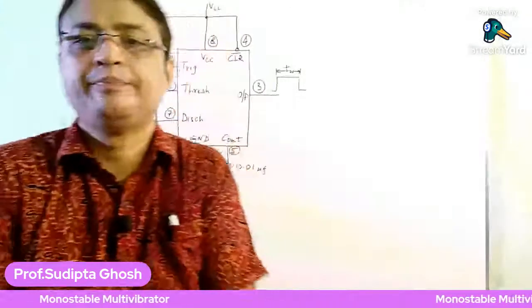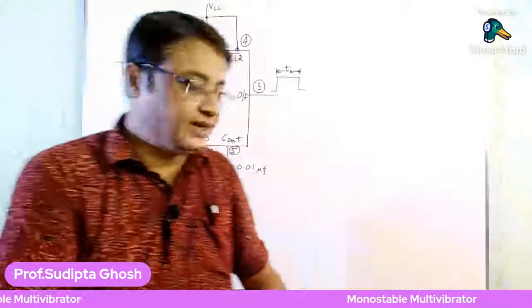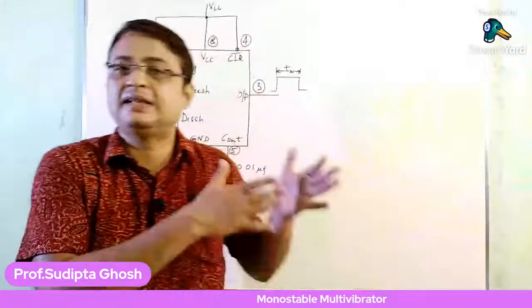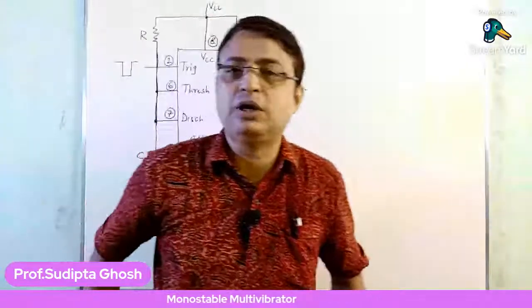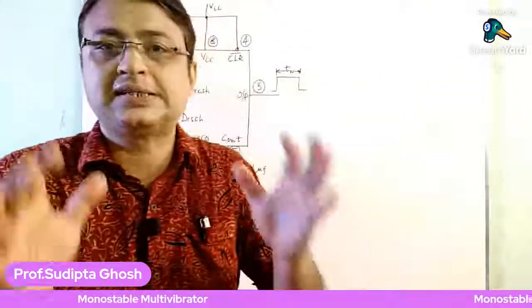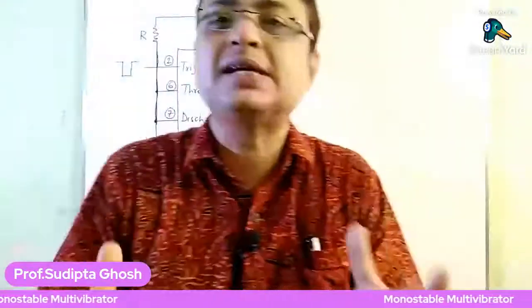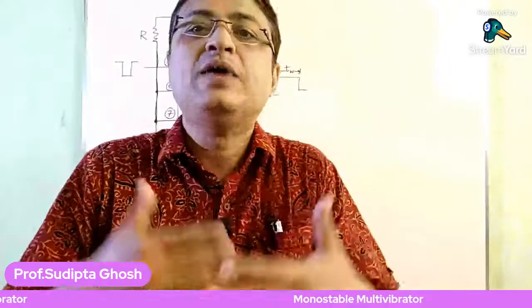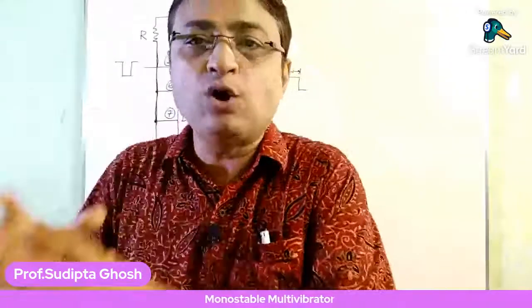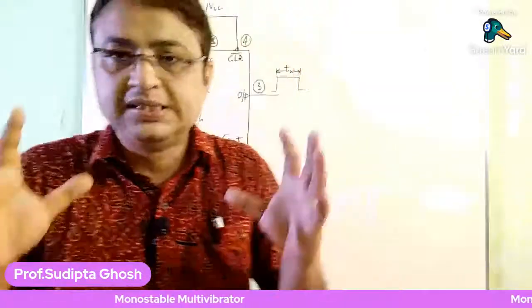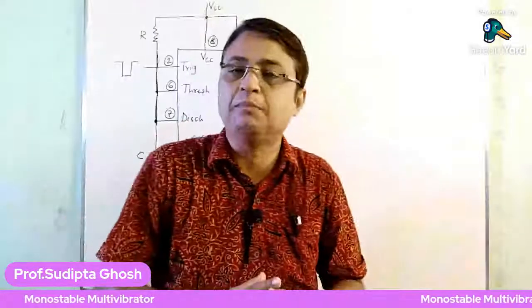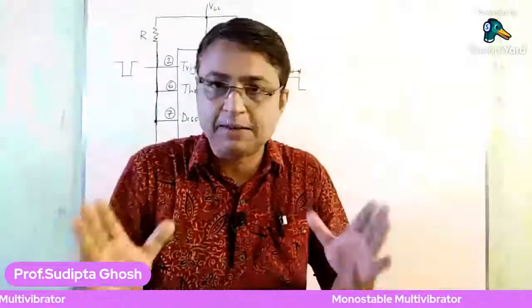Is it okay? So initially, in the first part of this particular topic, we discussed the stable state, and we found that zero value at the output. Zero value at the 555 timer output is its stable state.